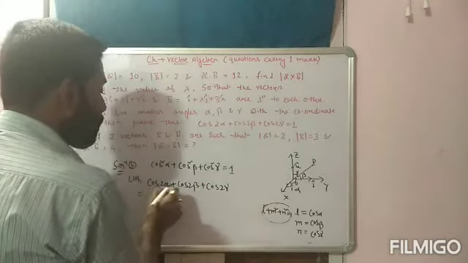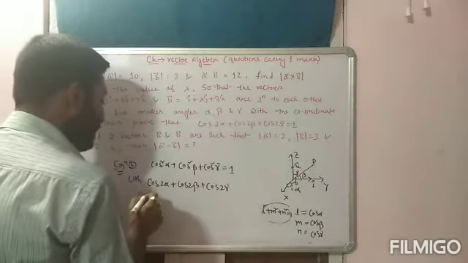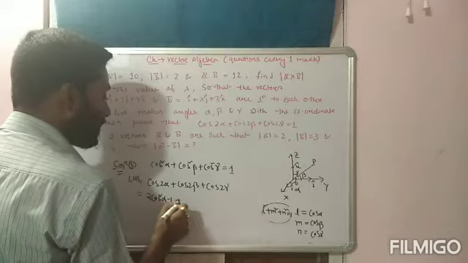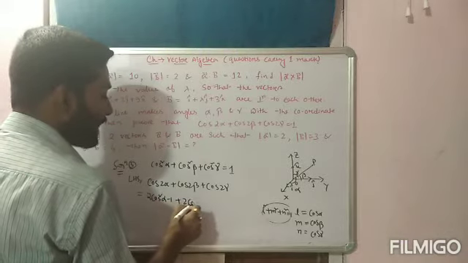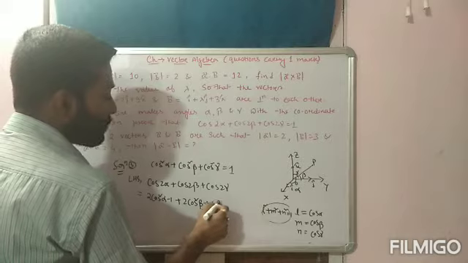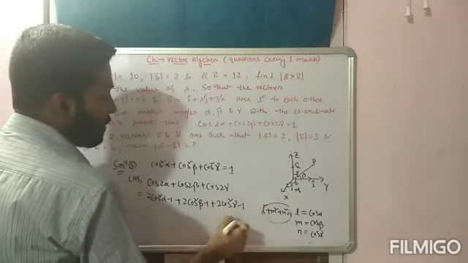So what is the formula of cos 2 alpha in terms of cos? For cos 2 alpha in terms of cos is 2 cos square alpha minus 1. Similarly, cos 2 beta, we can apply the same formula, that is 2 cos square beta minus 1. For cos 2 gamma, 2 cos square gamma minus 1.